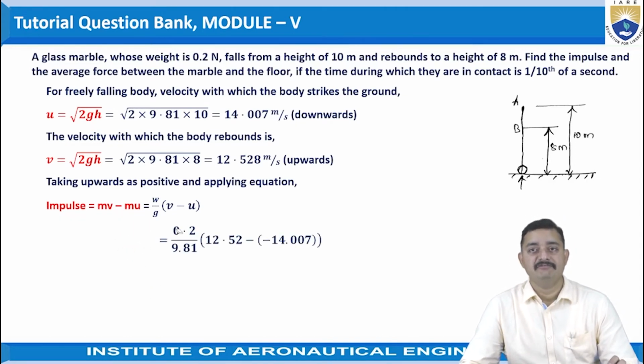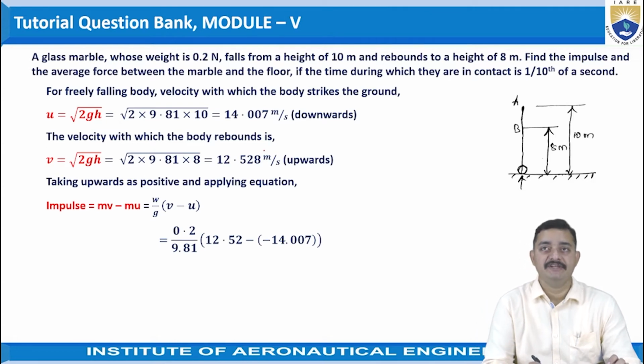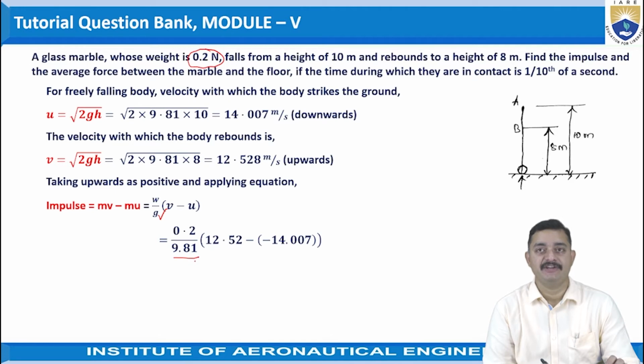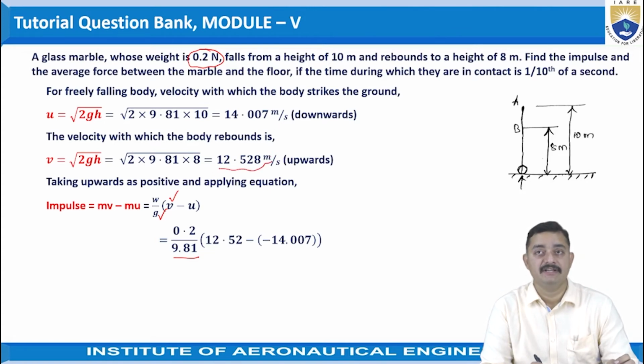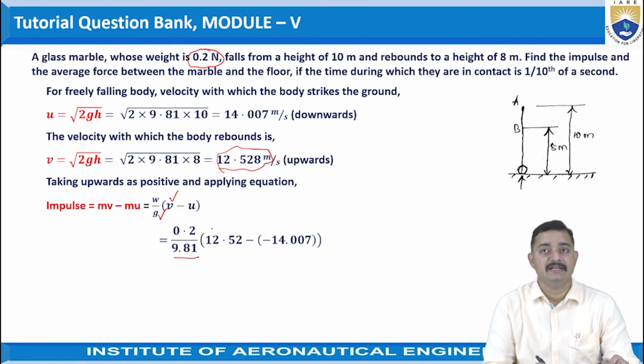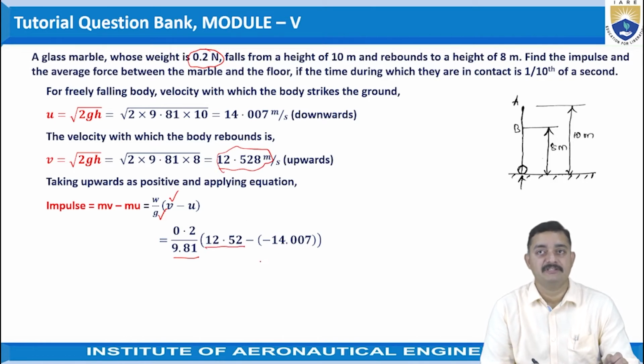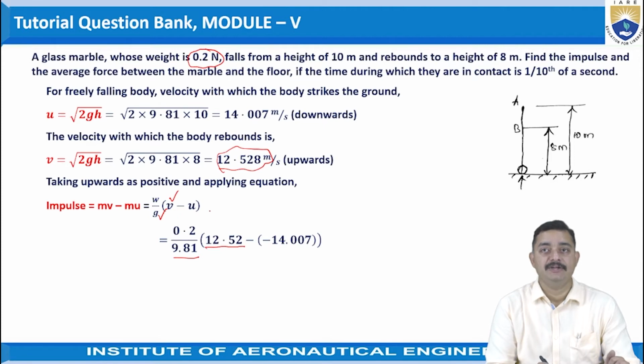So, when you substitute the values, the weight is given as 0.2 newtons, the acceleration due to gravity is 9.81, and the final velocity v in the upward direction is 12.528 meters per second, minus the initial velocity of minus 14.007. Why has it been given as minus here?